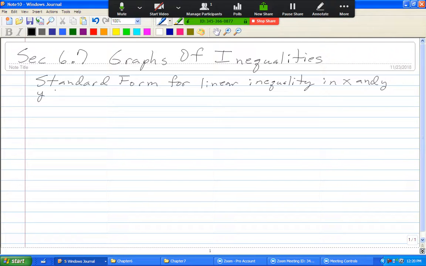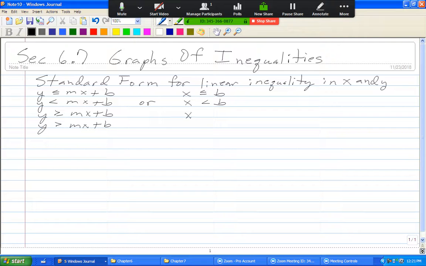It will look like y less than or equal to mx plus b, y less than mx plus b, greater than or equal to mx plus b, greater than mx plus b. Or, if you can't solve for y, then it's x less than or equal to b, or, yeah, let's say b. x less than b, x greater than or equal to b, x greater than b. Okay?